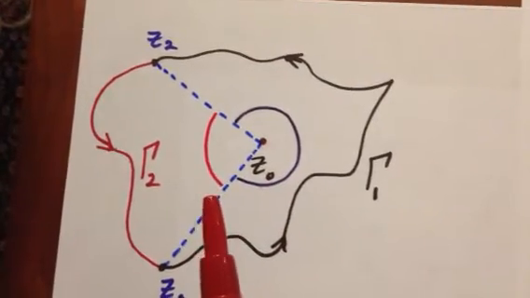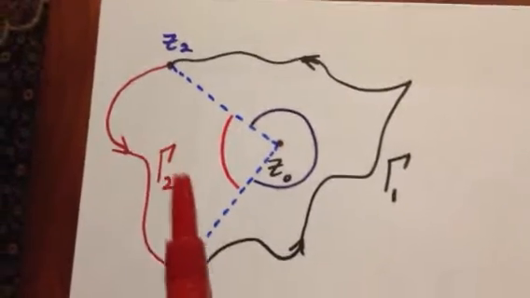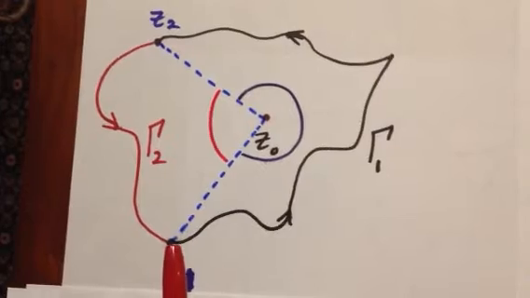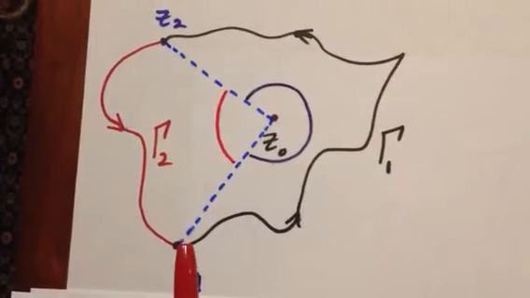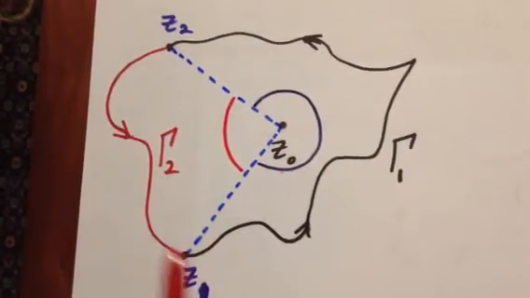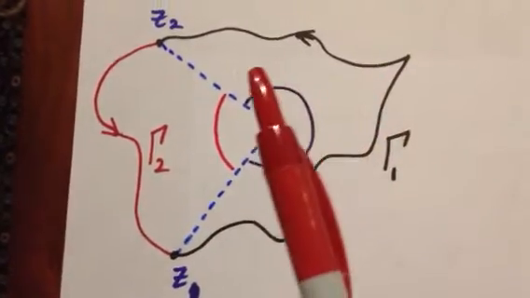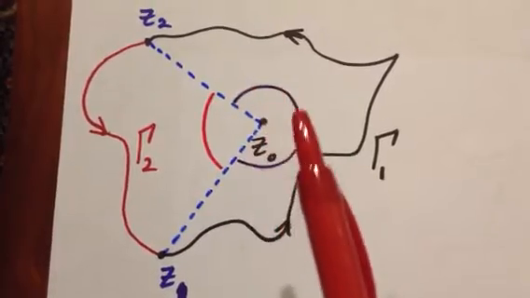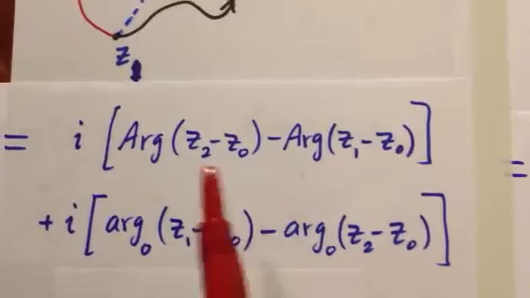So we are subtracting the argument of this complex number, which goes from here to here. The argument of that one is from here to here. When you subtract the two, the difference would be this angle. So this angle is the difference in those two arguments.